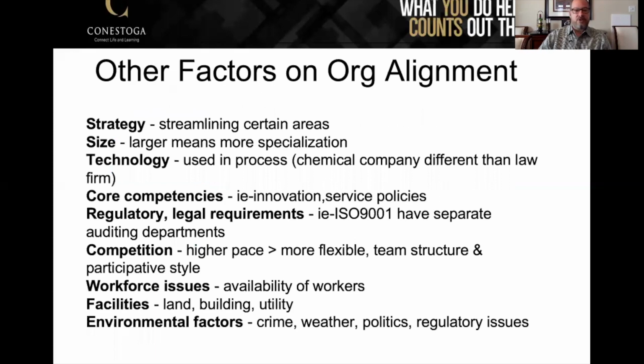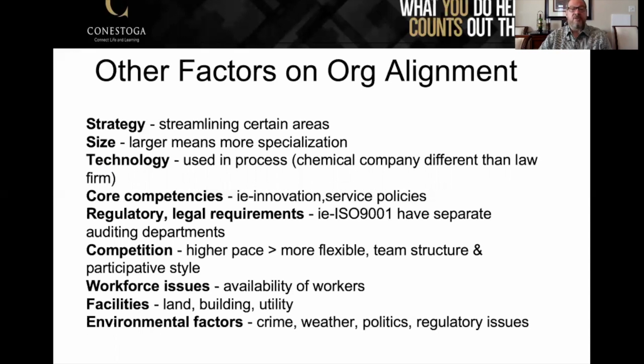Other factors that you look at based on the kind of org decisions that you make: the strategy of your organization, and we'll do strategic planning, and we'll talk about strategy in a little bit. The size of the organization, usually the bigger it is, the more specialization that happens, and therefore usually there are more vertical structures.